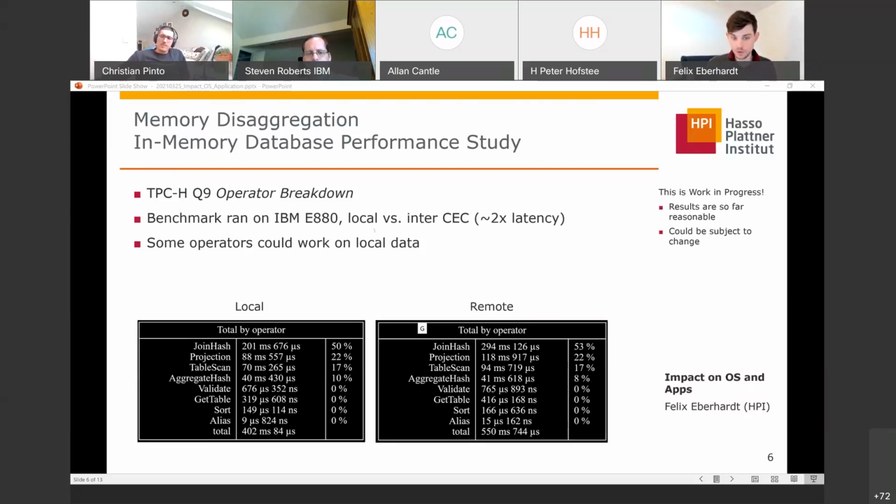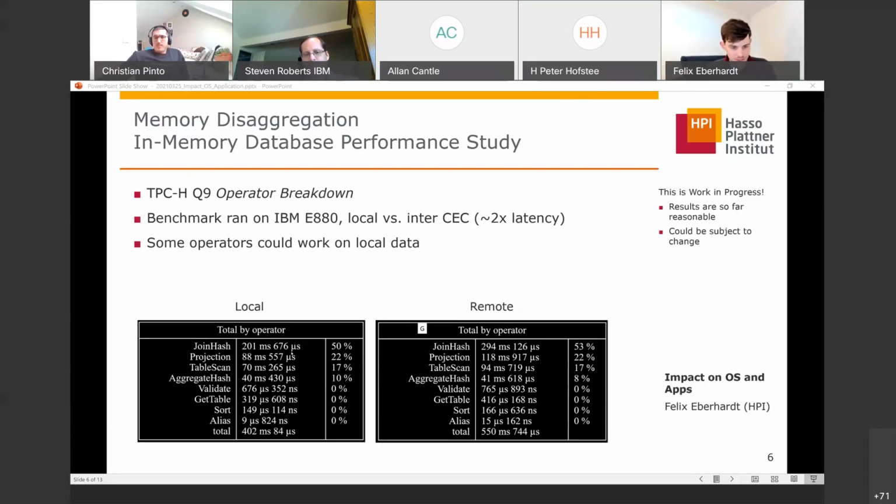You can also construct two scenarios there, one where you have local memory and one where you go beyond one of those enclosures. Our machine has two enclosures, and when you go into these enclosures, you have 2 times the memory latency. That is not as much as you get with ThymesisFlow, but well, near there, let's say.